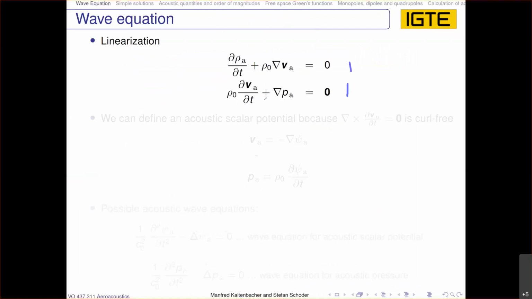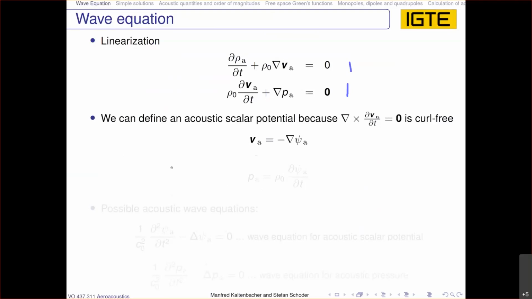And what you see is both partial differential equations are linear equations. So you do not have any nonlinearity, and they are even somehow similar: you have a time derivative and a space derivative, and for the second equation, you also have a time derivative and a space derivative.